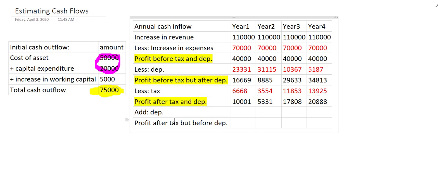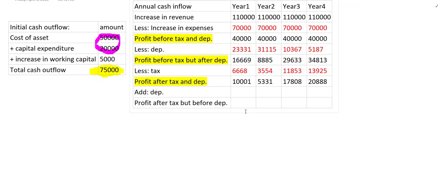Next one is, once again, you have to add back the depreciation. So depreciation should be added. So what was the depreciation previously? This was the depreciation. So we have to take all of them back from there and we have to add it here, right? But this time we should not show it in that manner, so we have to record it separately.